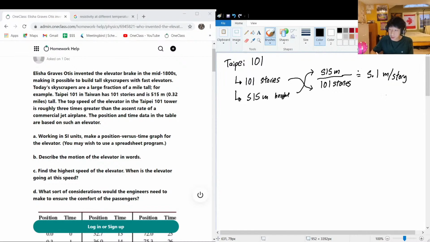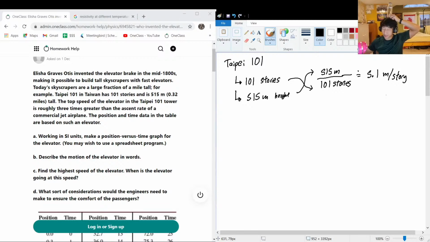Now this is an approximate value because some stories will be larger than others, and a lot of these really tall skyscrapers generally have very tall spires on top of them. So imagine if I put this water bottle on the top of my head and I said, okay, normally I'm 6 feet tall, but with this water bottle I'm 6'6".